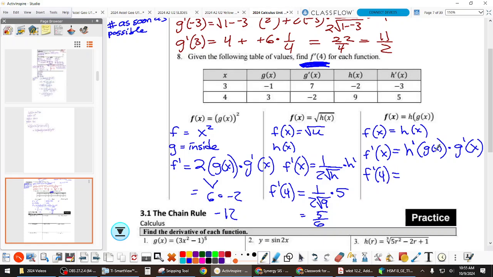So g of 4 is 3. I'll write an extra step here. And then g prime of 4. So this time we need that top layer. So h prime of 3 is -2. G prime of 4 was -2 also.